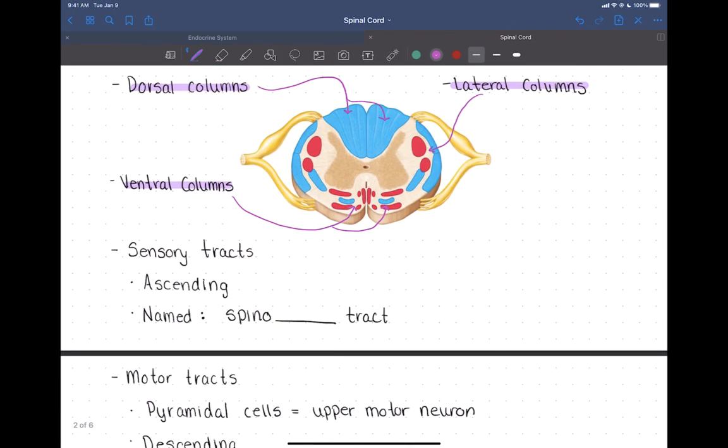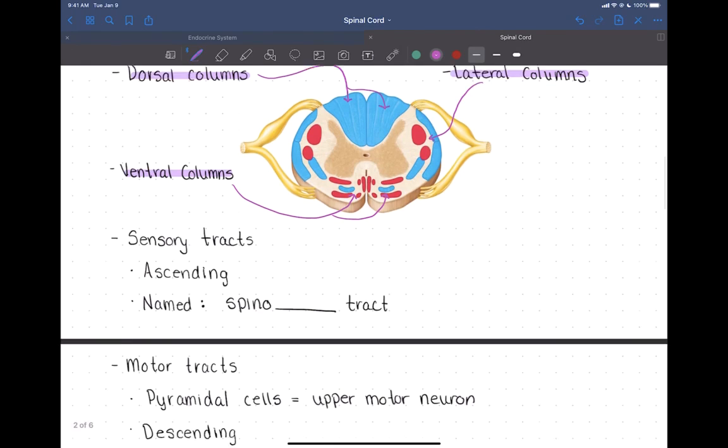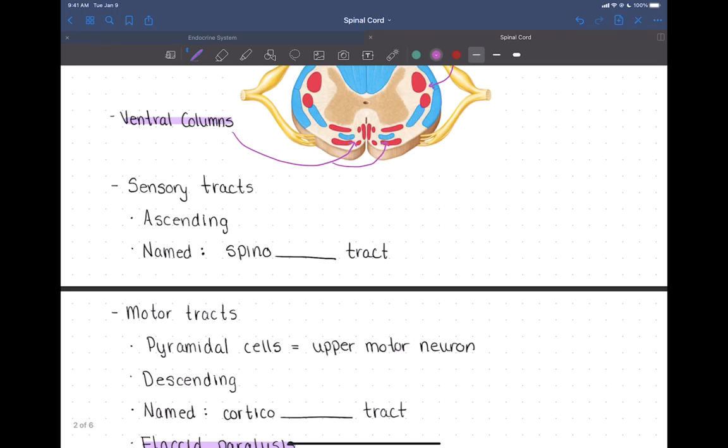Okay, and something to point out that'll be really helpful, especially in the next chapter about some of the different pathways, is some terminology. With the different tracts running through our columns, if they're ascending sensory tracts, they would be named spino-something, meaning they start in the spinal cord and travel towards some region.